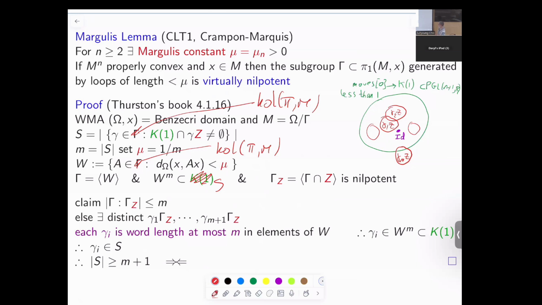Now then, the claim is that these cosets can be chosen to be words of length at most m in this set of elements W. And then once you know that, it follows that all these elements are in W to the m, and so they're in, I hope my notation is right, S. So all these elements are in S, and that's a contradiction to the number of elements that were in S. So why can I choose these cosets all to be words of length at most m?